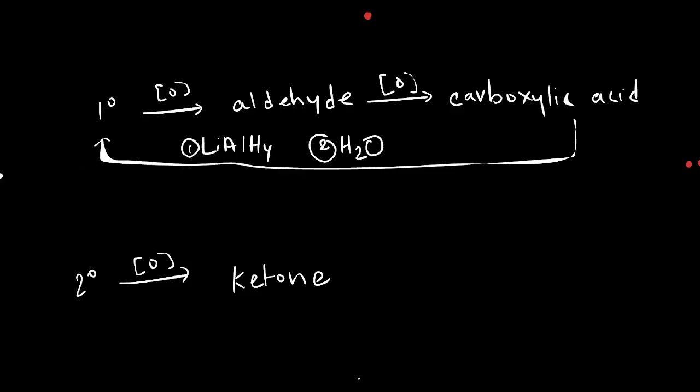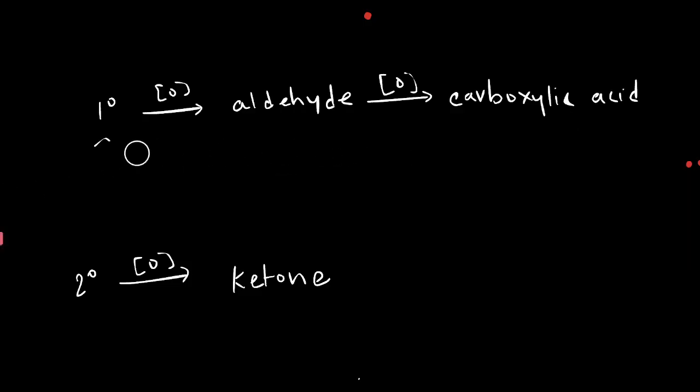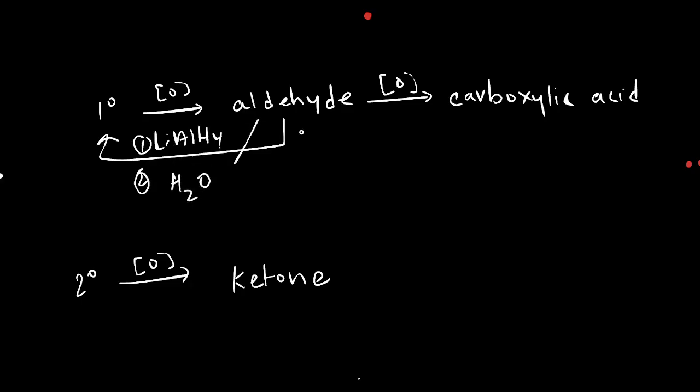Now, if we wanted to, on the other hand, go from our aldehyde to our primary alcohol, we could once again either use the lithium aluminum hydride that we just talked about, or as an alternative, we could react with NaBH₄, sodium borohydride, in water.